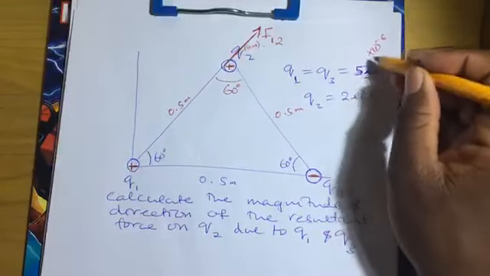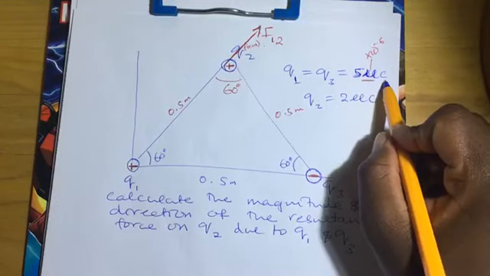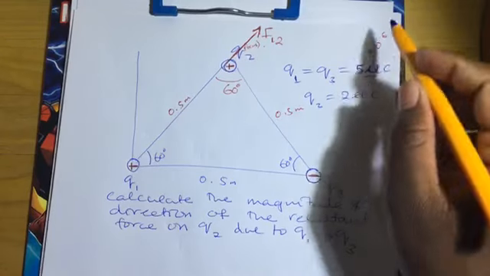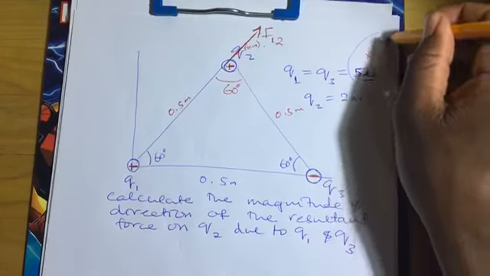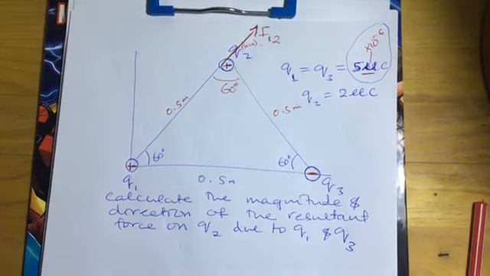So this is 5 microcoulombs. Micro is basically a prefix, the way we have kilo, milli, mega, tera, femto, atto, and such.